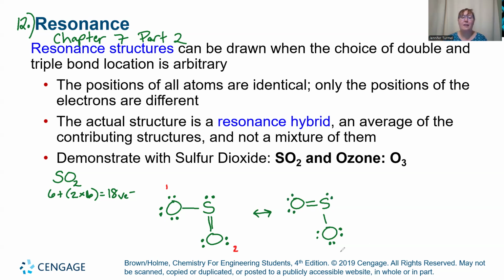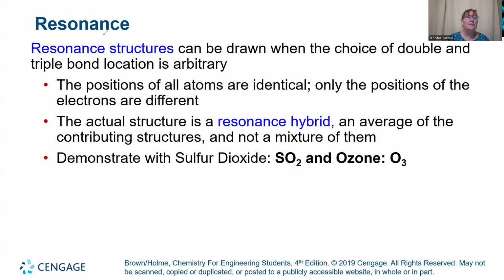I've just made the electrons equidistant, and now you can see that the double bond is on oxygen 1 instead of oxygen 2. What's happening is the extra electrons are going back and forth between the two pretty much constantly. They're delocalized.